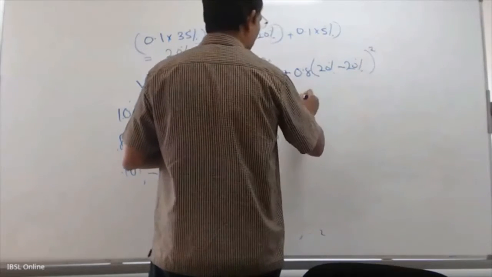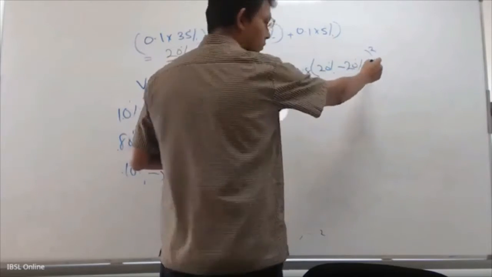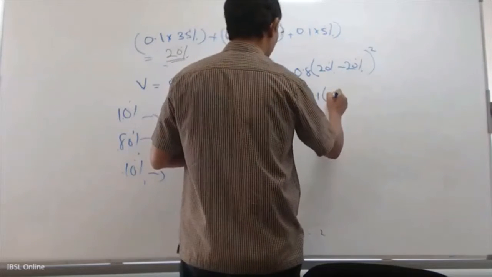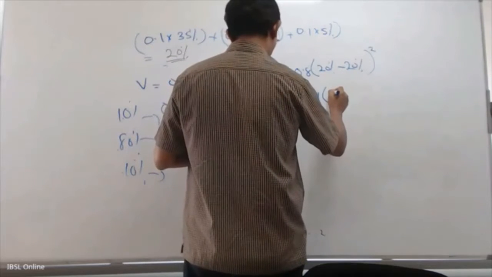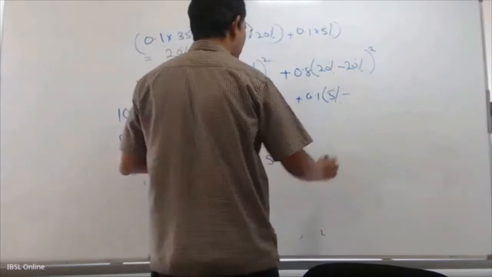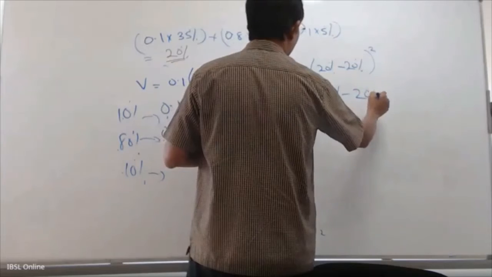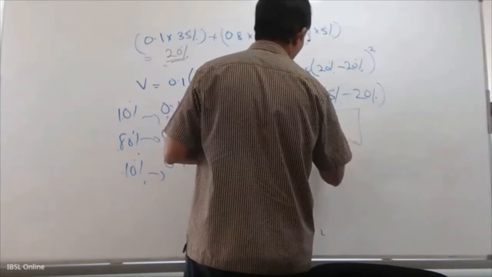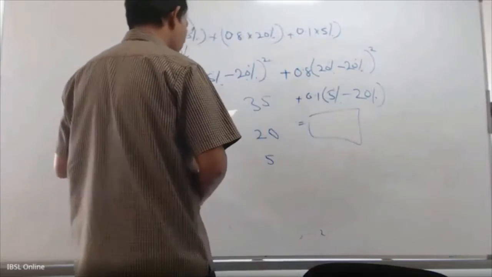Then again 0.1 into 5% minus 20%, which is the mean or expected return, to the power of 2. Then the answer is the variance.